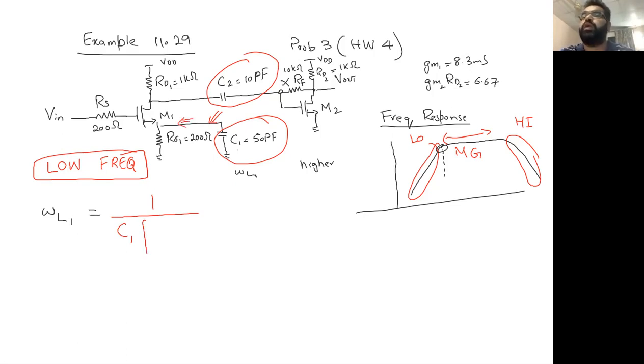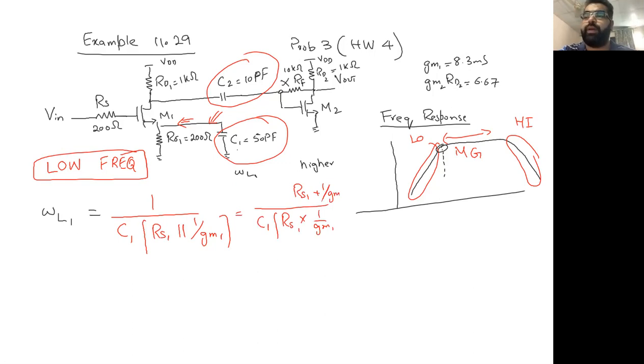So what is the resistance at this point? We have RS1 in parallel with 1 over GM1. So we just have this one. If I want to do the proper math and open that up, C1 times RS1 times 1 over GM1 divided by RS1 plus 1 over GM1.